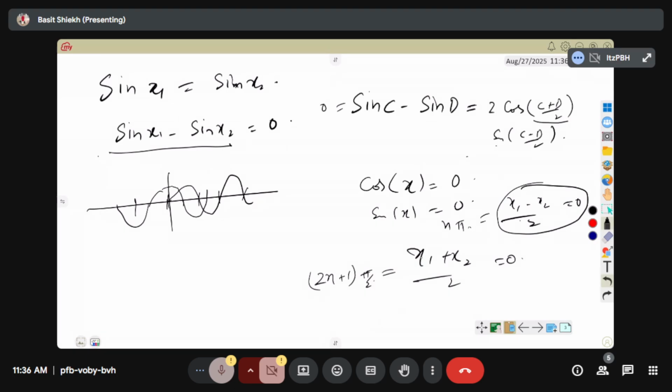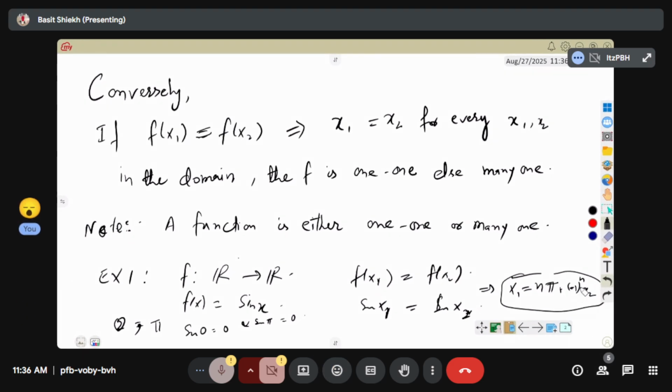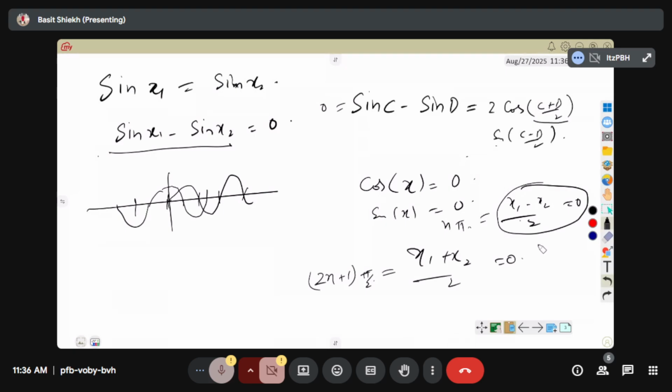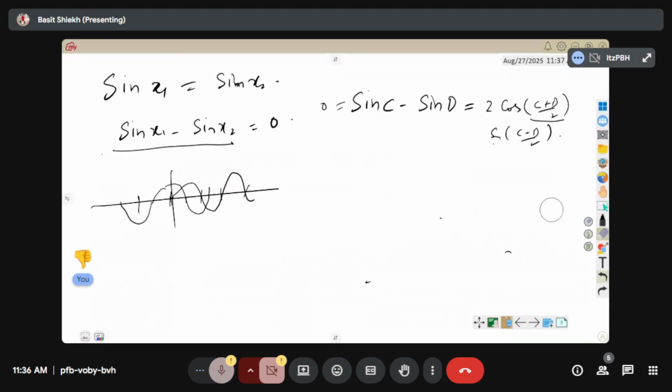So we have to solve this and we will get this expression: x1 equals to n pi plus (minus 1) to the power n into x2. You can try it on your own. Is this clear?